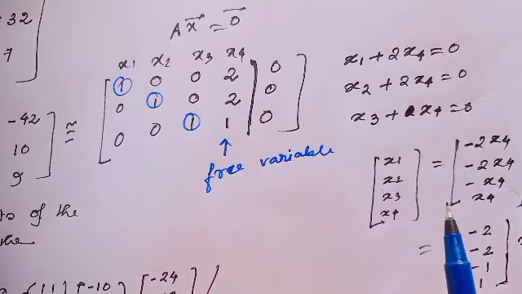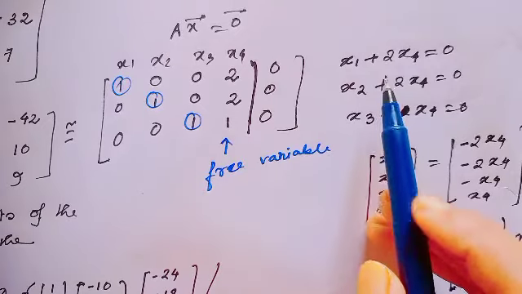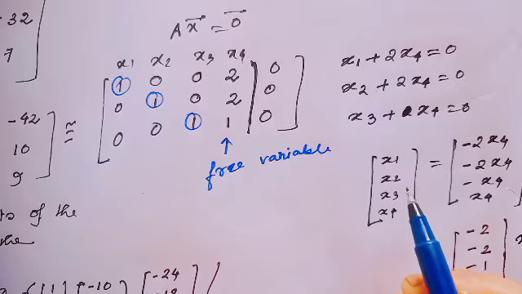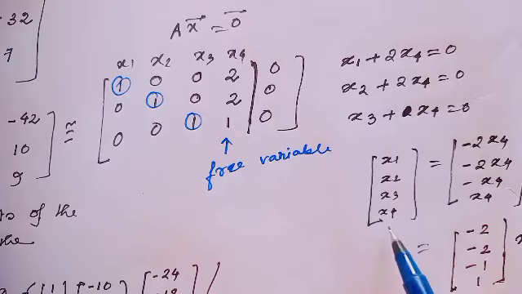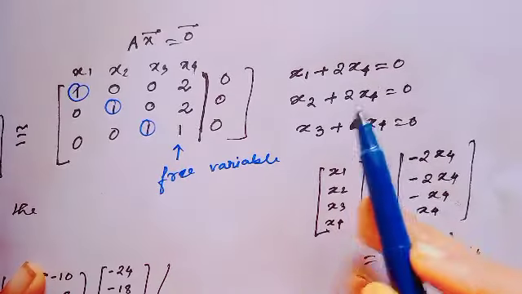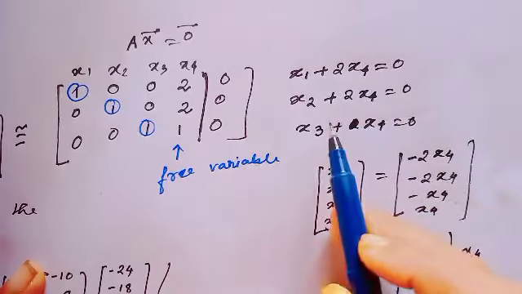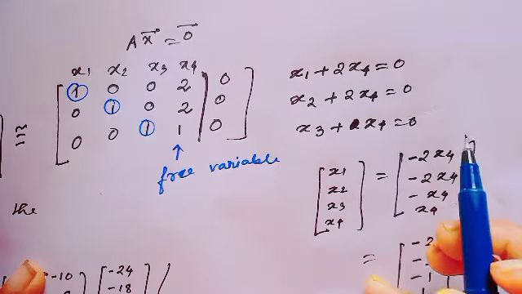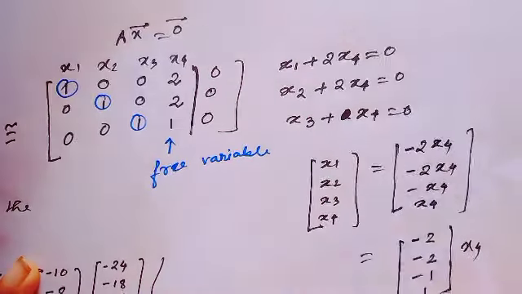Therefore, the basis of null space is, consider this is x1, x2, x3, x4. That implies x1 equal to minus 2x4, x2 equal to minus 2x4 and x3 equal to minus x4. Therefore, put the values.